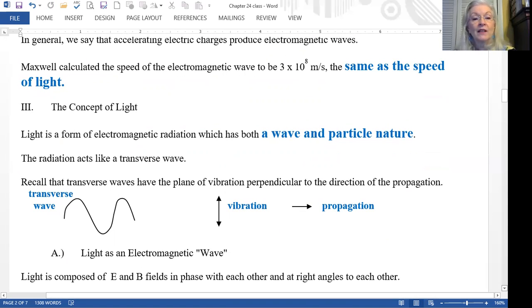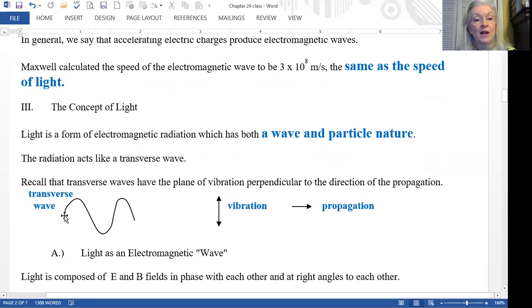Light is a form of electromagnetic radiation. It's got both a wave and a particle nature. Sometimes we talk about this as being the dual nature of light. The wave part of it is described as acting like a transverse wave. You may remember that water waves are transverse waves. A sine wave is a transverse wave.